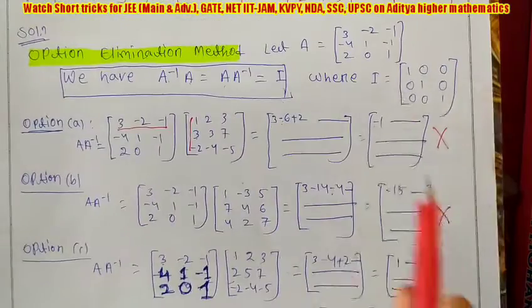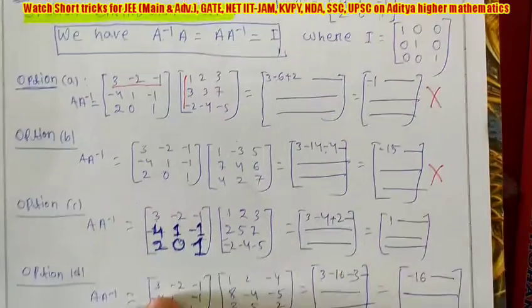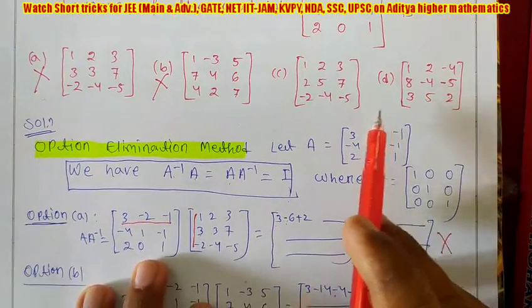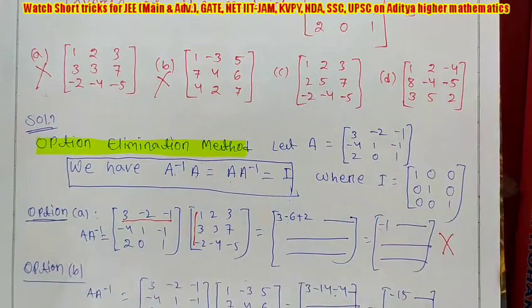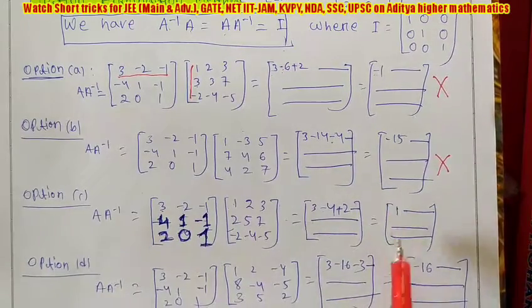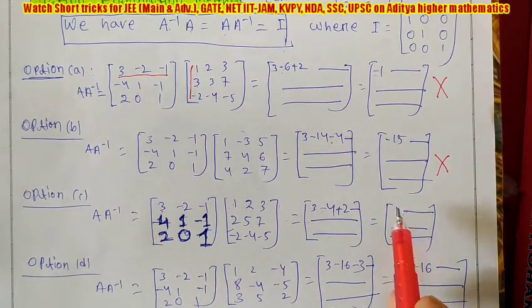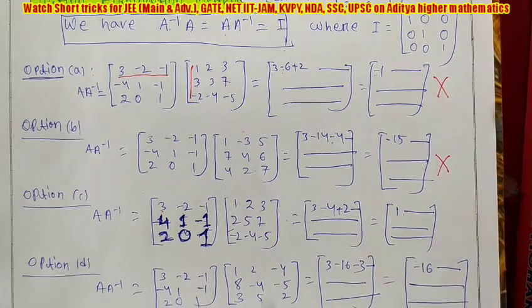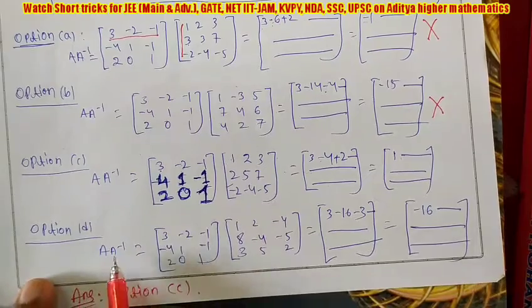When we are getting the identity matrix element 1, you stop here. No need to find other elements, because there is another option D. First we will check whether this option gives identity elements or not. If this option gives the same element, then again we will find the other elements. Understood?